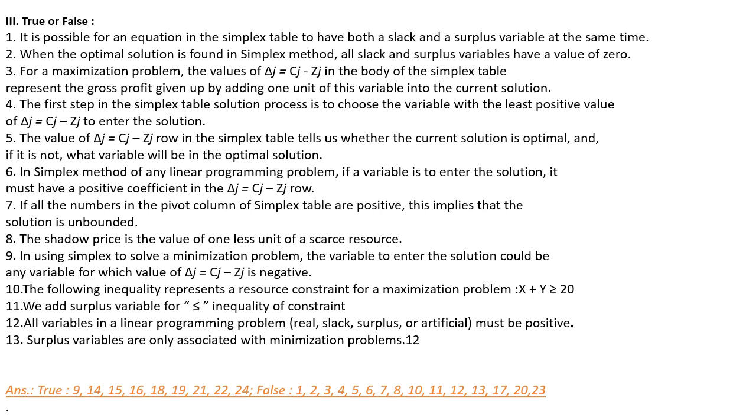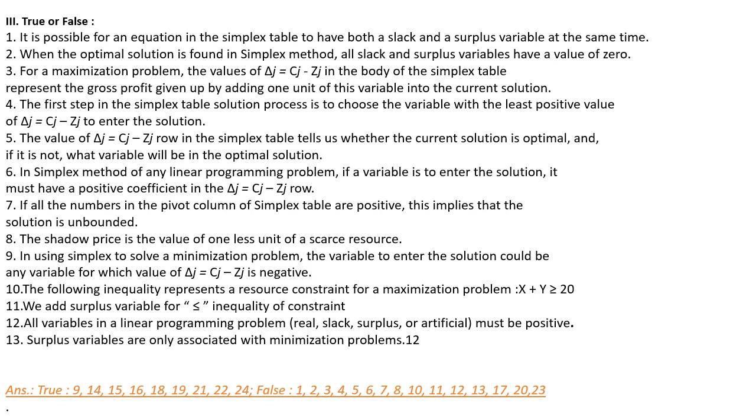False. If all the numbers in the pivot column of a simplex table are positive, this implies that the solution is unbounded. False. The shadow price is the value of one less unit of the scarce resources.